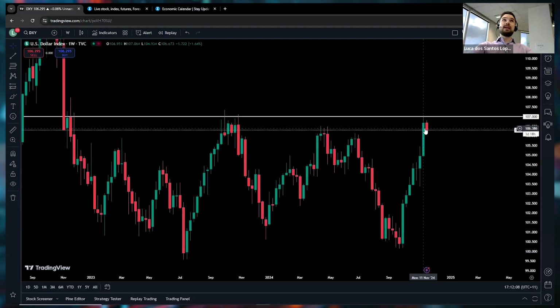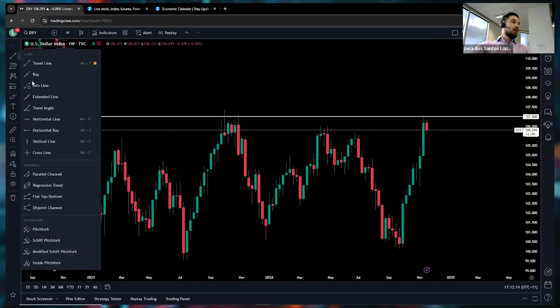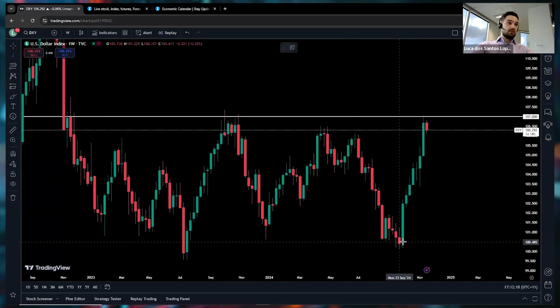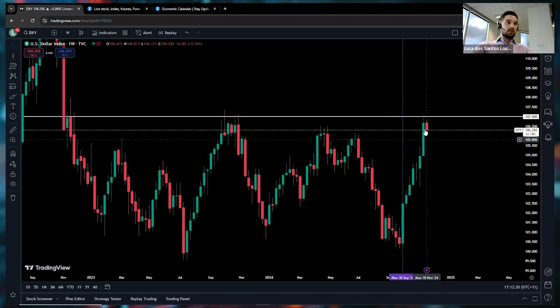This week hasn't closed yet, and it could be the first negative week since October, but we have had more than 7 weeks of rally, from here all the way to where it is now: 1, 2, 3, 4, 5, 6, 7 weeks, week after week on a rally.